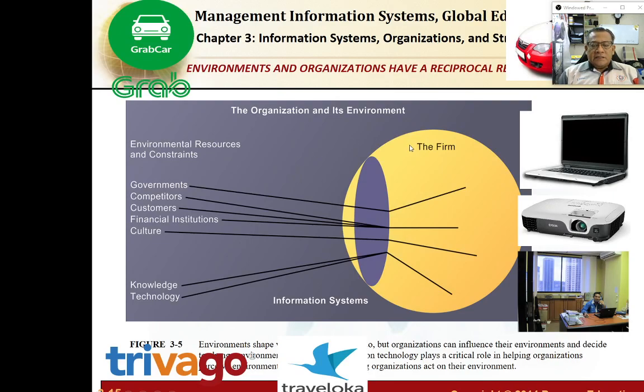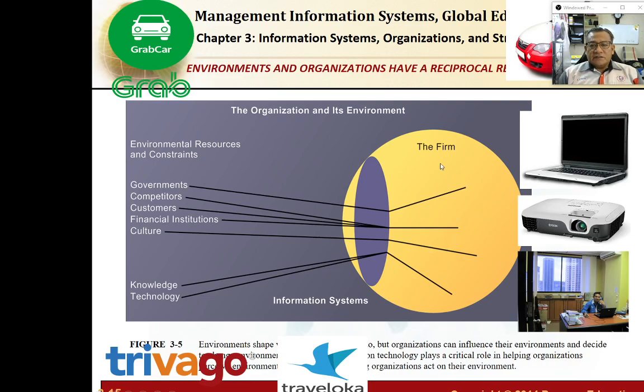In summary, the relation between environment and organization is basically a two-way relationship, right? So the organization and its environment, for example, a company like Fujitsu, the firm. The firm produces products, for example, keyboards, relays for components of a notebook, and so on.